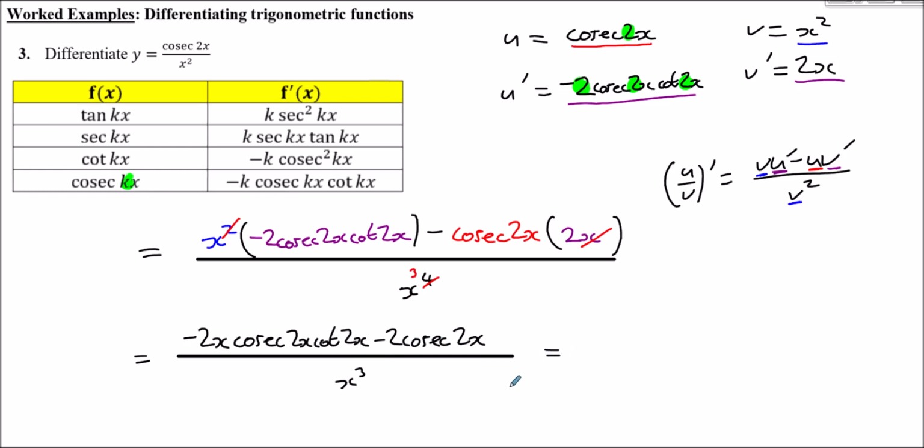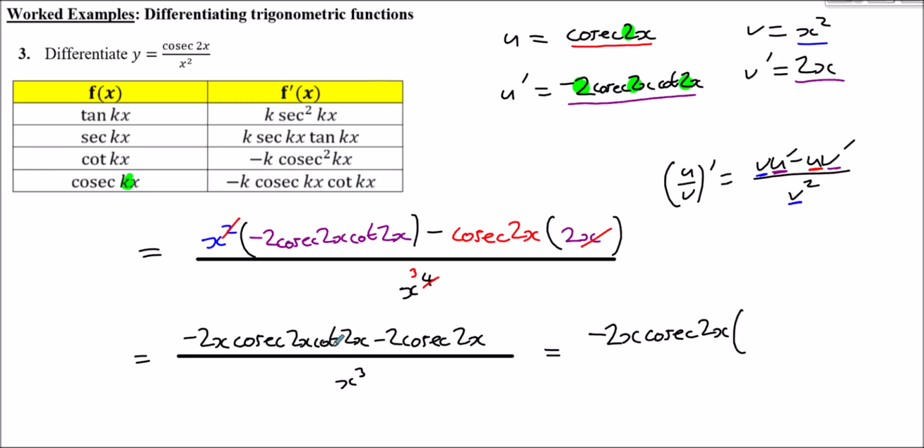That's normally fine, but what we could do is go a slight step further and factorise. I'm hoping you can see there is a common factor of a 2 and an x and cosec 2x. Both these cosec terms are negative, so we can factorise out on the top minus 2x cosec 2x.